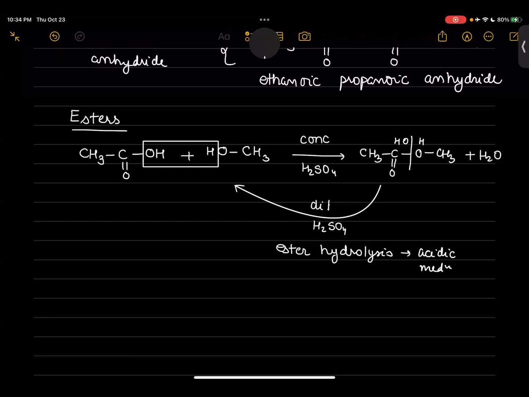Got it? Are you going to get the carboxylic acids? No, we have to further acidify. Yes, carboxylic acid along with something else also you get. What is that something else? So hydrolysis of ester will give you carboxylic acid and what is this? Alcohol molecule. Got it?